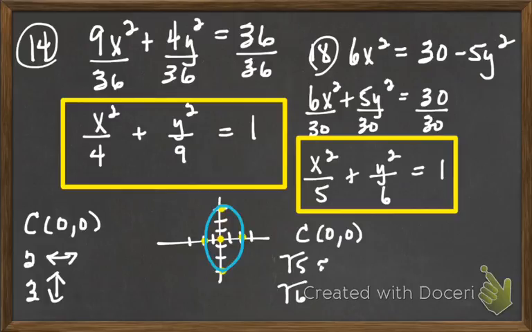Somebody give me some to the nearest tenths on those. 2.2 and 2.5. Is that right? Now this ellipse will be really, really close to looking like a circle, but if we really zoomed in, we would see that it's going to be a little bit longer up and down than it is left and right. As long as you've written 2.2 and 2.5, if your graph is not just perfect, it'll be okay.